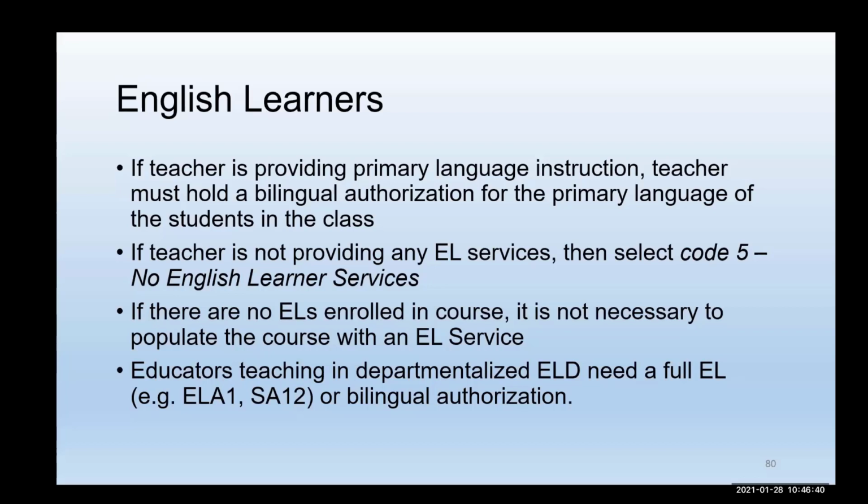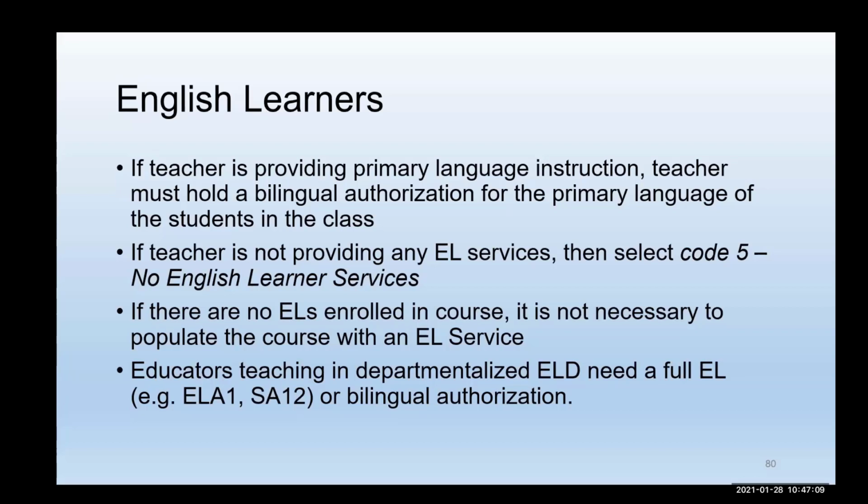A lot of you are hesitant to select that because you think that you're going to get dinged on another Fall 2 report, which actually identifies kids who aren't receiving EL services. What you need to remember, particularly in departmentalized settings, folks, is we're looking across the student's entire set of courses to determine whether or not the student is receiving English learner services.